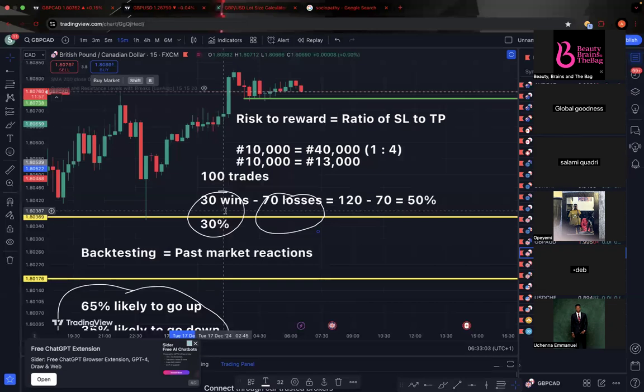So if I take 10 trades this week and I have 7 losses and 3 wins, which is not likely, I'm still going to be on like 5% profits. That's if I risked 1% of my account. If I took 10 trades and I won 3, 30% accuracy, then that means I lost 7.